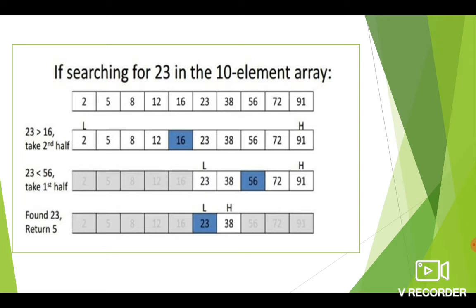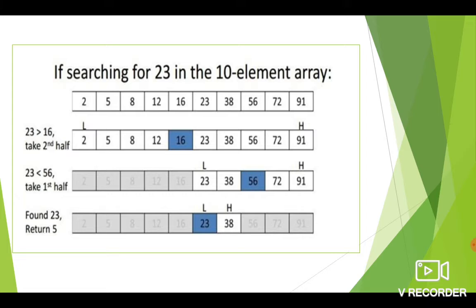First we have to find the middle element. The middle element is 16. So we have to compare our searching element with 16. What is our searching element? It is 23. So 23 is greater than 16, which indicates that our searching element may be in the right half.